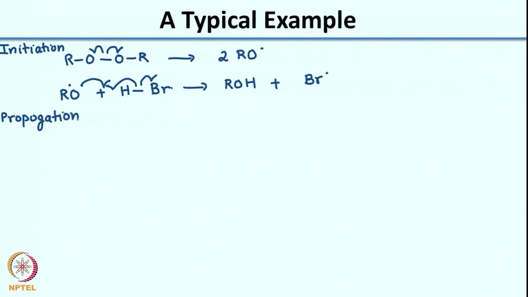So now let us see what happens when you have this species Br dot. Let us say it is interacting with an alkene. So now there are multiple products that you can think of getting.